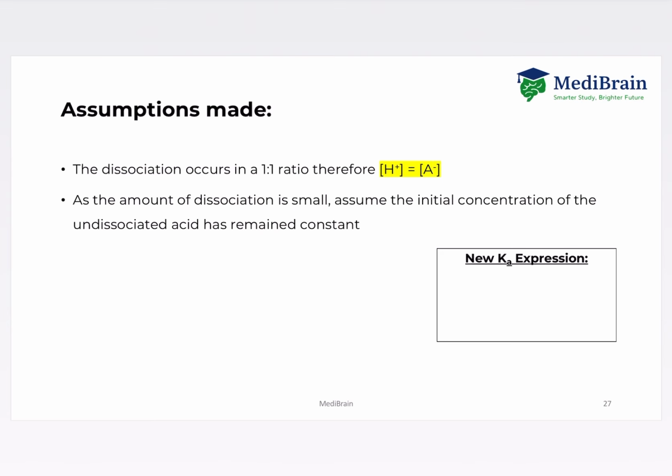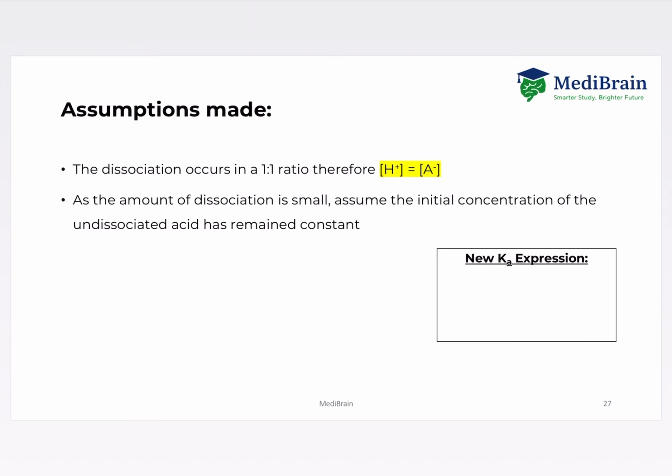So the concentration of hydrogen ions is the same as the concentration of A minus ions. As the amount of dissociation is small, remember, weak acids only partially dissociate in solution. Because the dissociation is small, we assume the initial concentration of the undissociated acid has also remained constant.